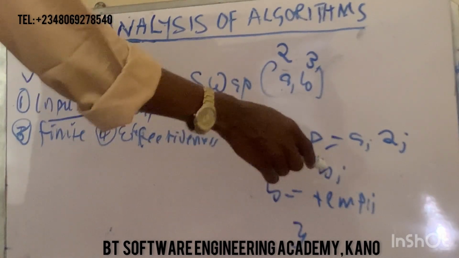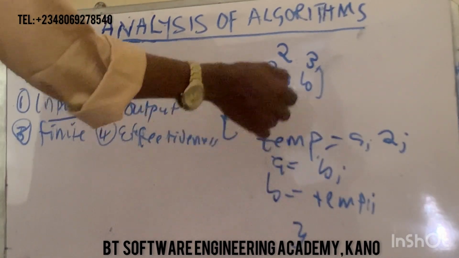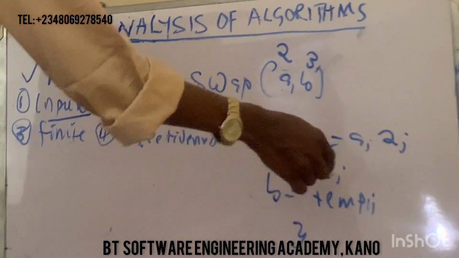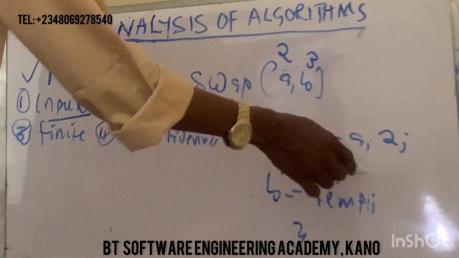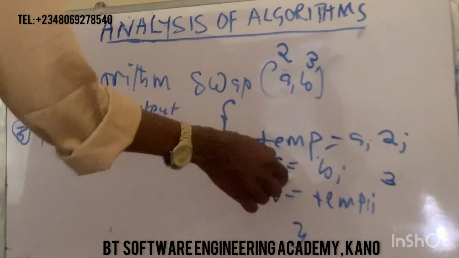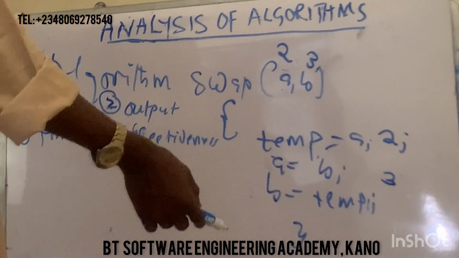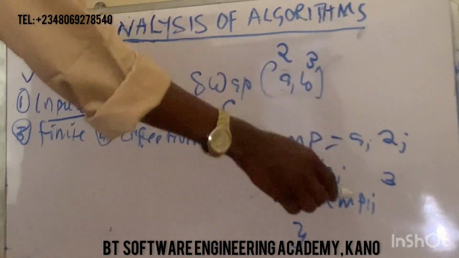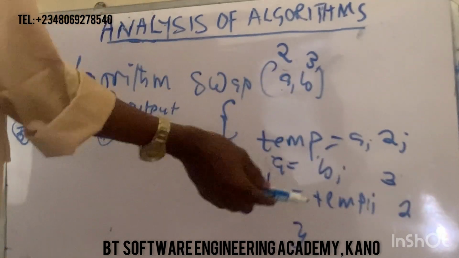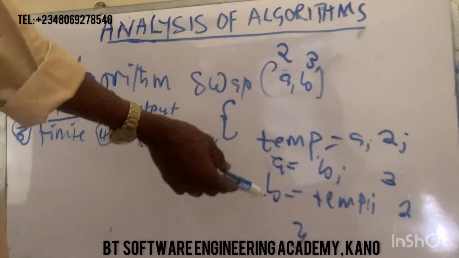Then A equals B. What is the value of B here? B equals 3, so A equals 3. Then B equals temp. The value of temp is 2.